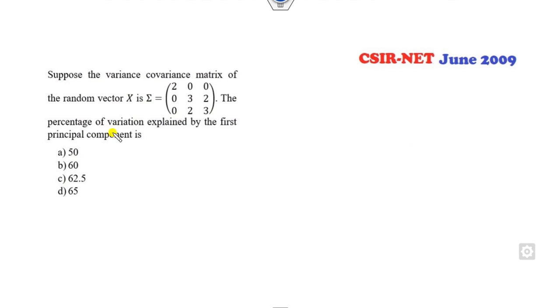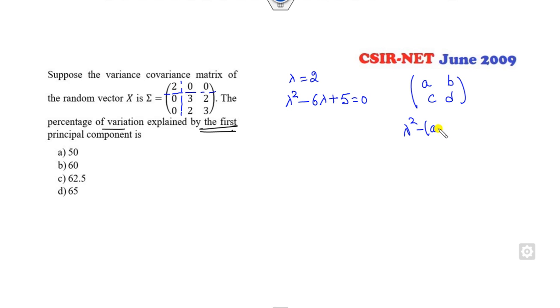Look at another one. You have to find the percentage of variation explained by the first principal component. There is no need for the full matrix. I can see one eigenvalue is 2. The sum of the diagonal is 9 minus 5 plus the determinant. Whenever you have a, b, c, d, you can write the equation as a plus d for the trace, and the determinant ad minus bc is 0.